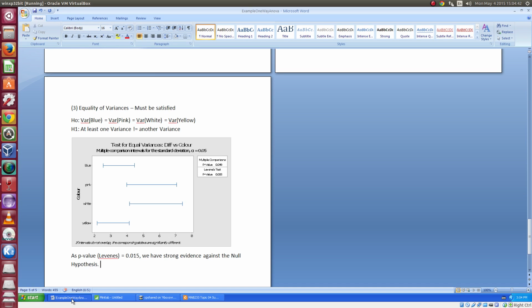Okay, so now that we have very strong evidence against the null hypothesis, what does that mean? Therefore, that means at least one of the variances is different.